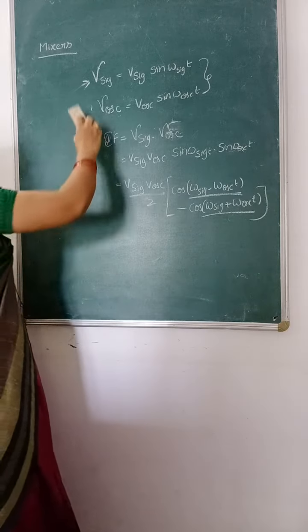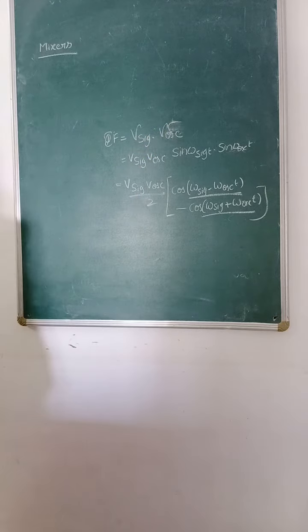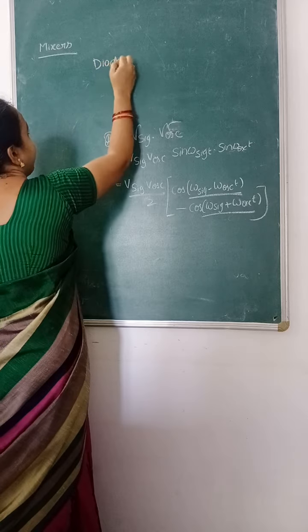There are two types of mixer circuits. The first one is the diode mixer and the second one is the IC balanced mixer.